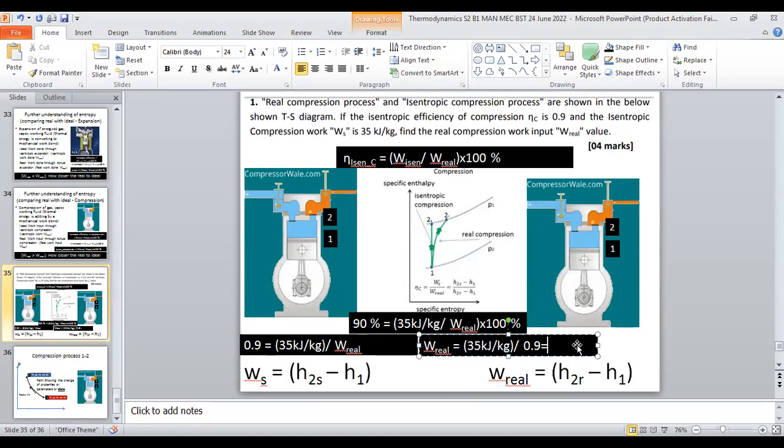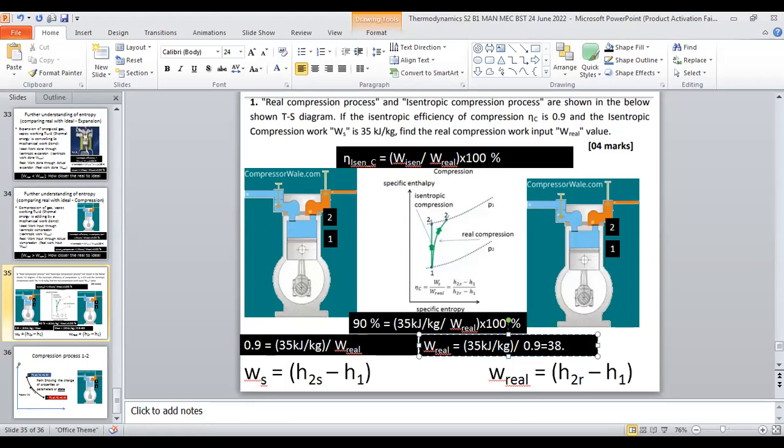So if you understand this compression and the isentropic nature, the ideal nature of compression, now it is quite easy. It is not about getting the answer, but understanding this. So this is 38.9.